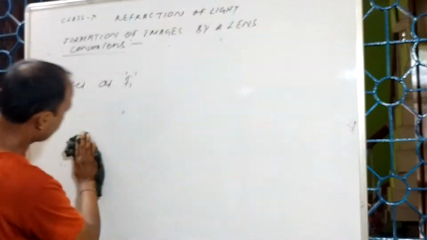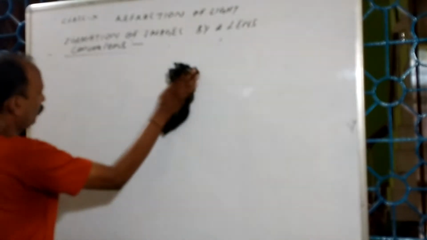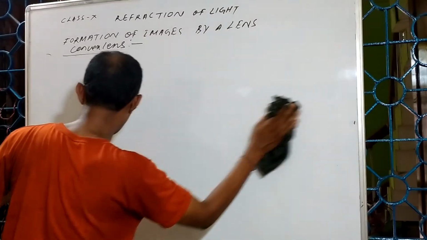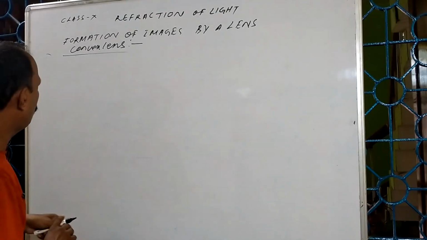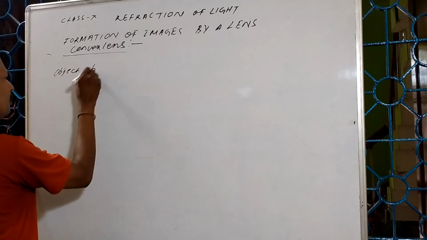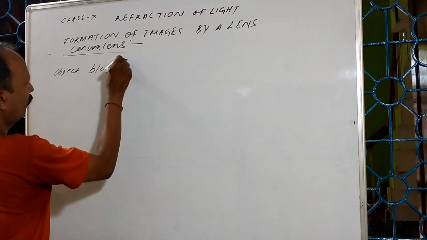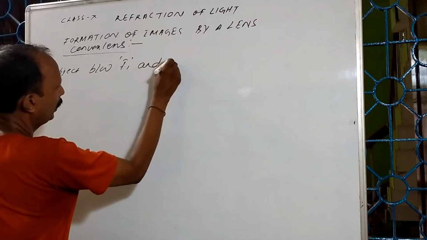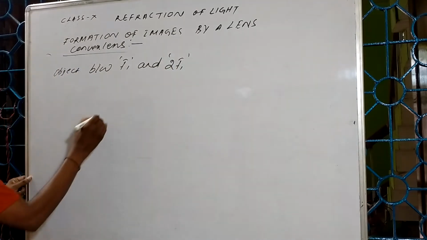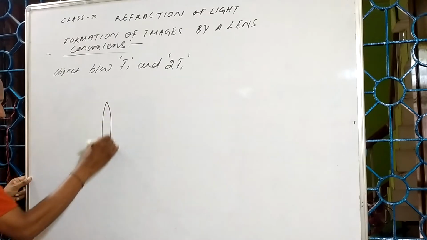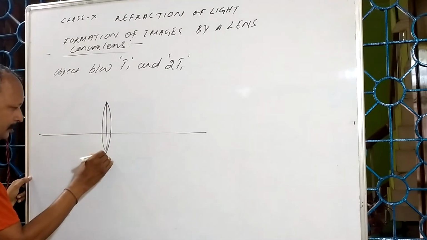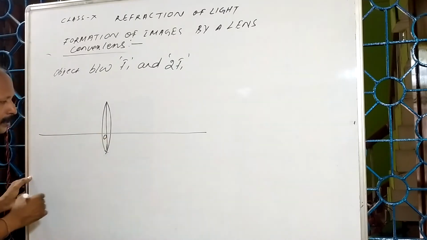Now let us see another case when the object is between F1 and 2F1. Object between F1 and 2F1. So this is the lens, principal axis, plane of the lens, optic center.